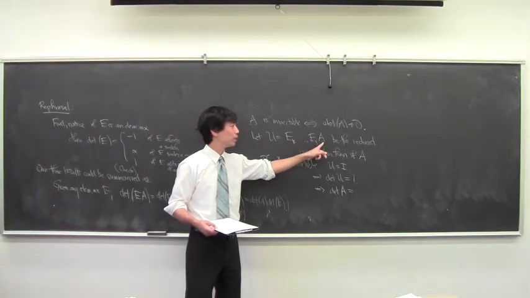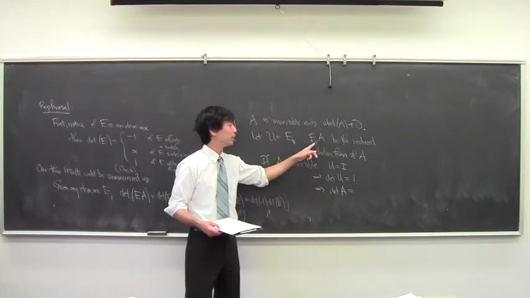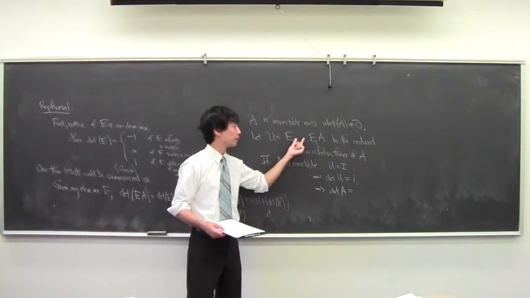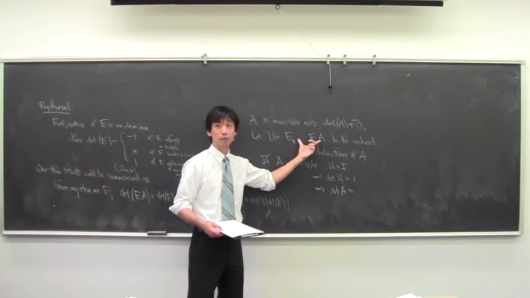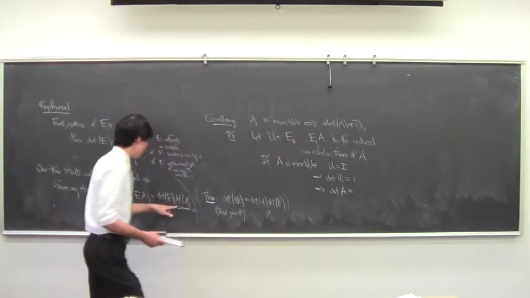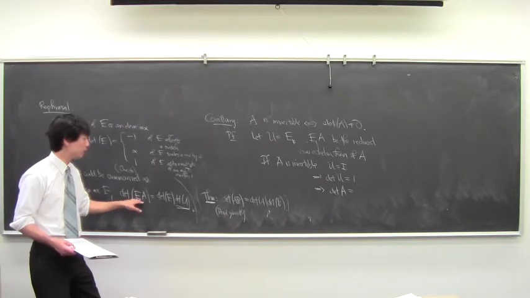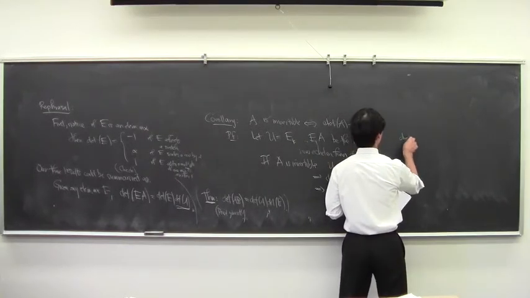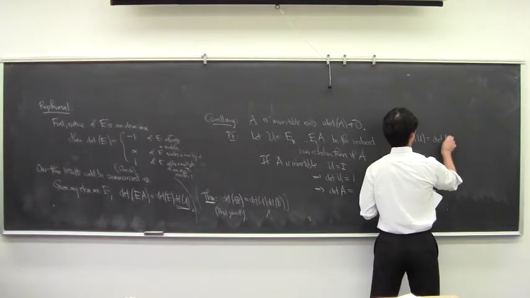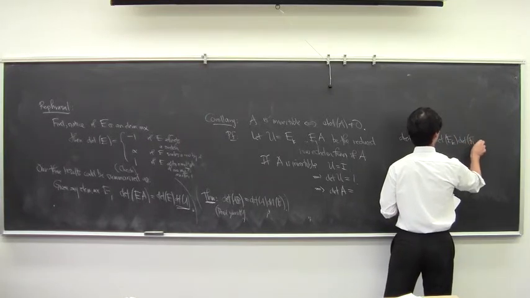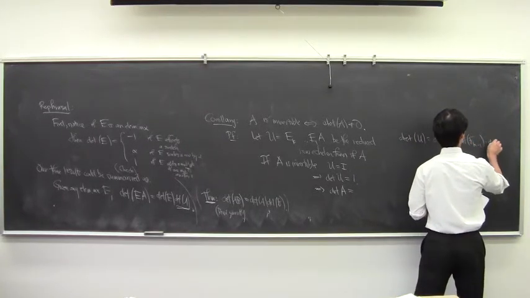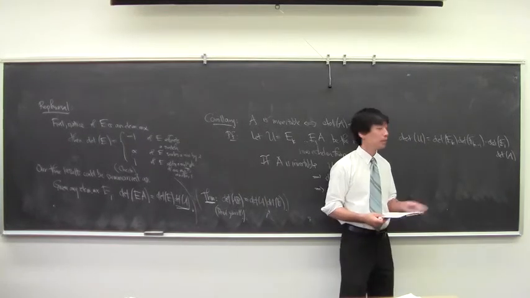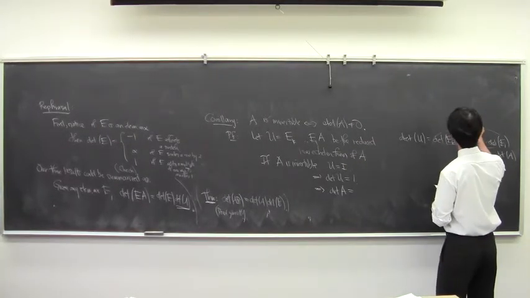No. If the determinant of A were 0, the determinant of this product would be the determinant of this guy times this guy times this guy times 0, which would all be 0, from the previous fact: the determinant of an elementary matrix times A is the determinant of E times the determinant of A. So here we see that the determinant of U is the determinant of E_k times the determinant of E_{k-1} times ... times the determinant of E_1 times the determinant of A. And all these guys are non-zero.